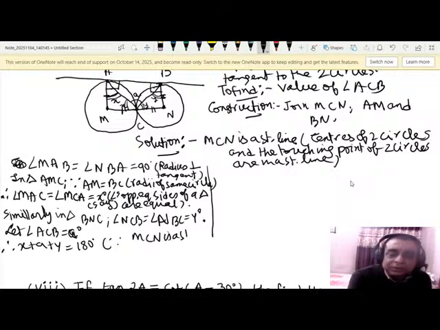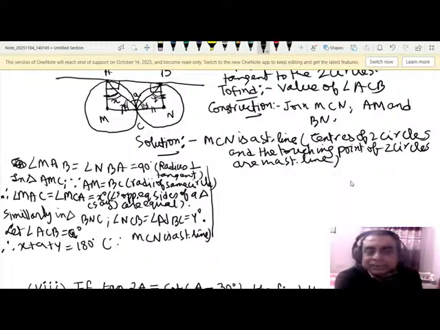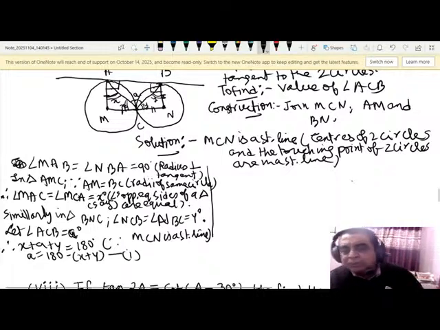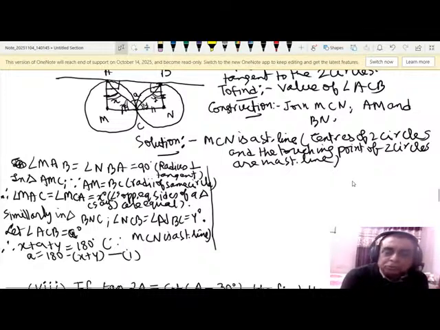So these three angles, that is angle MCA, ACB and angle BCN, which are x, A and y, together will be 180 degrees. So what is the value of A? It is 180 degrees minus (x plus y). Call this equation 1.